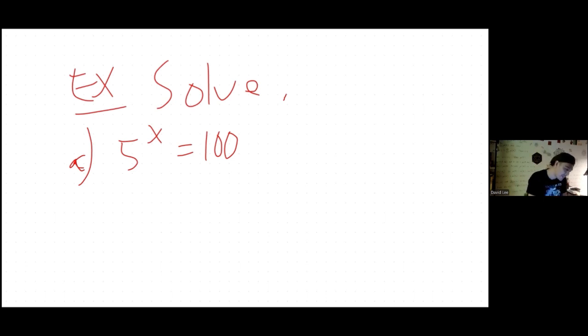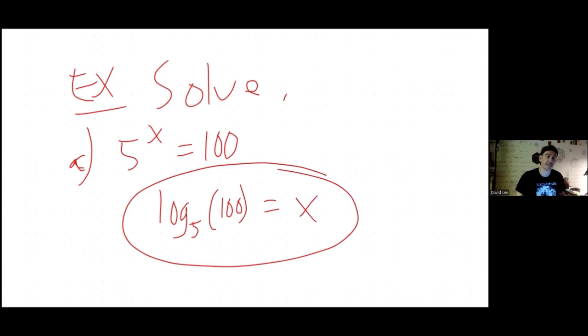And based on your notes from last time, this would say log base 5, 100 equals x, and you're finished. Because the goal was to solve for x. And we want the exact answer, which is what this number is. A weird decimal? Nah. They want the exact answer.